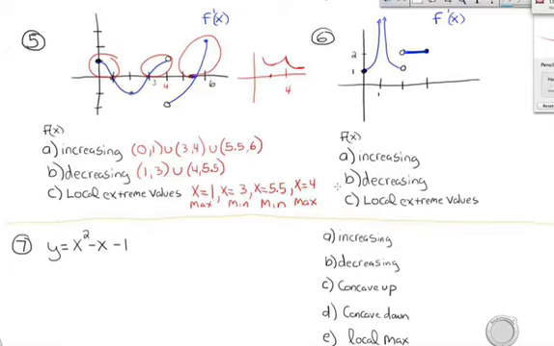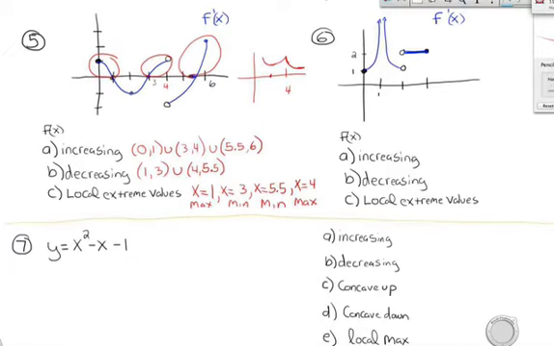Okay, so then let's look at number 6. When are we increasing? Well, we're increasing any place the derivative is positive. The derivative at first appearance appears to be positive everywhere. But in reality, there's a few places it's not. It isn't positive at 1. In fact, it has no value at 1. And it isn't positive at 2 because it has no value at 2.